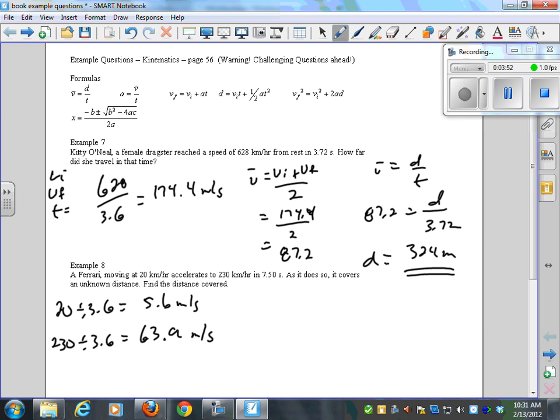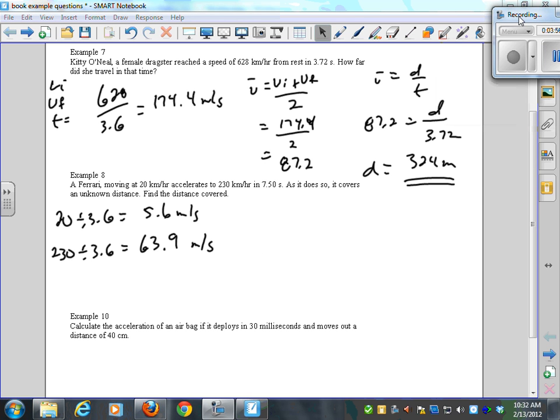Okay, so convert them to meters per second. All right, now that I've converted them to meters per second, I'm going to find the acceleration by going A equals delta V over delta T. The change in velocity is going to be, I'm going to write it like this: VF equals VI plus AT. It's the same formula, really.